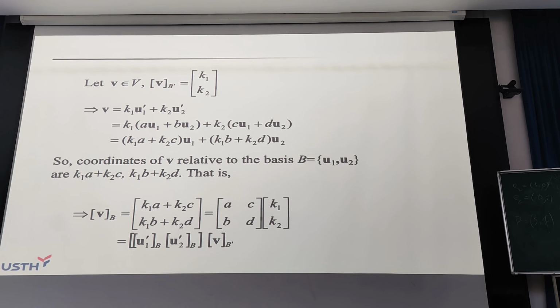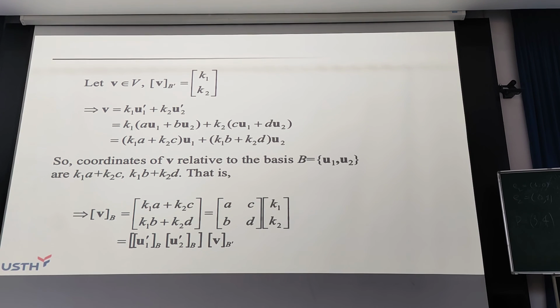And once again, if you take a look at the column A, B, that is exactly the coordinate of U1 prime relative to B, and the column C, D is the coordinate of U2 prime relative to B, and here is the coordinate of V relative to B prime. So that is a summary of a very easy example.